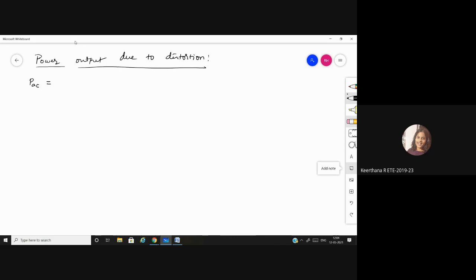The final equation was VCC squared by 8 RL. Before that, we had PAC equal to half into (V max minus V min) by 2 into (I max minus I min) by 2, which is Im square RL by 2. So this is one equation.